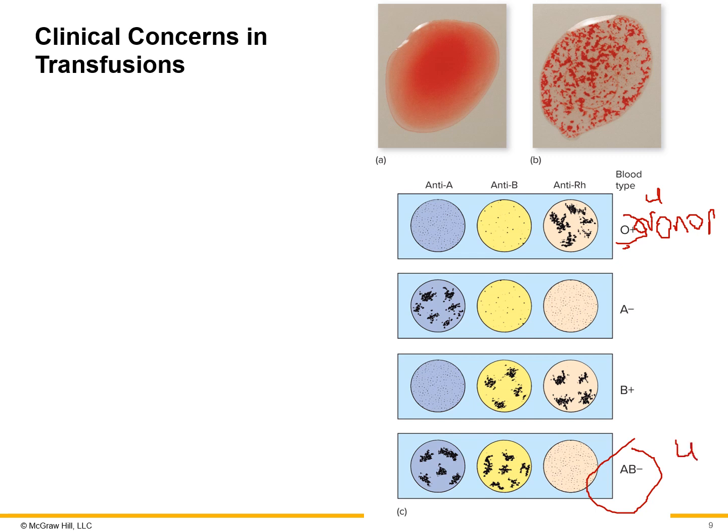So this is the universal, and I'm just going to put REC here for universal recipient. So our type O is universal donor. They don't have any antigens, so it wouldn't look foreign because there's nothing there. And then AB is the universal recipient. They could get any blood type they wanted without causing a response.